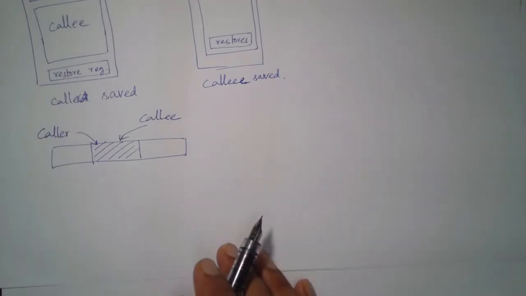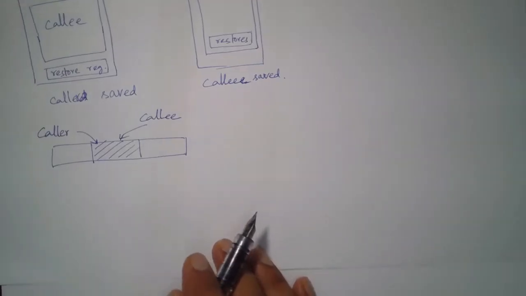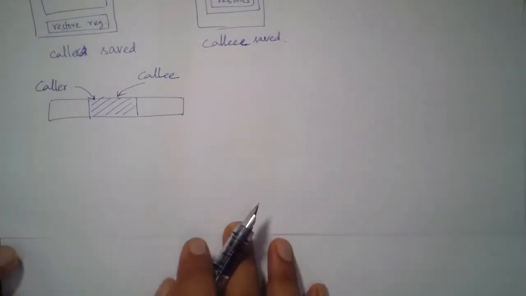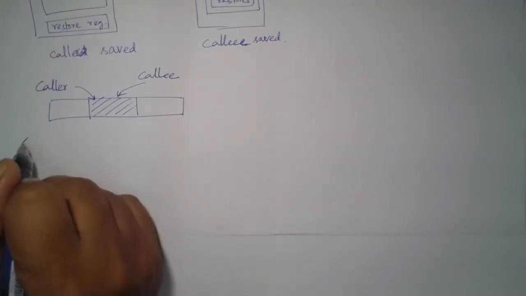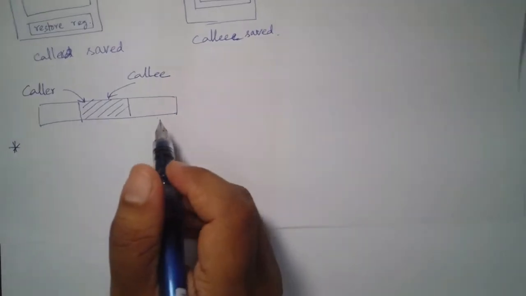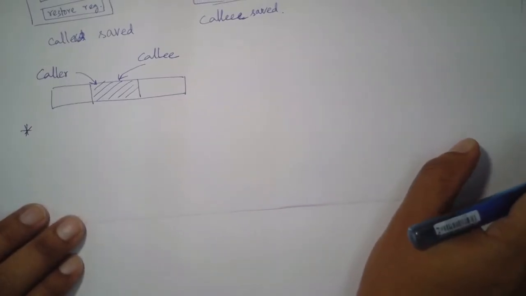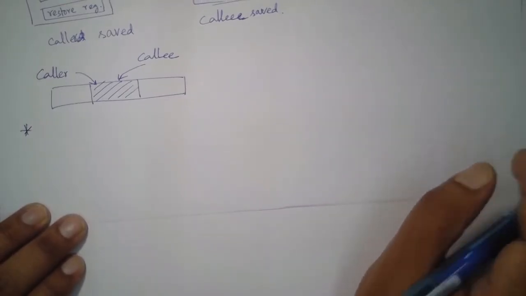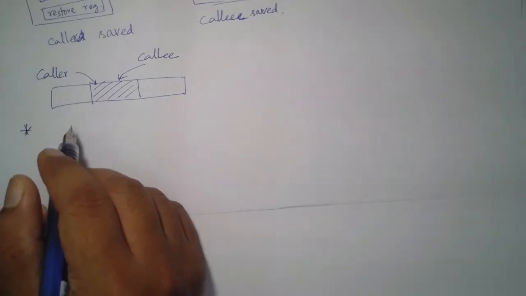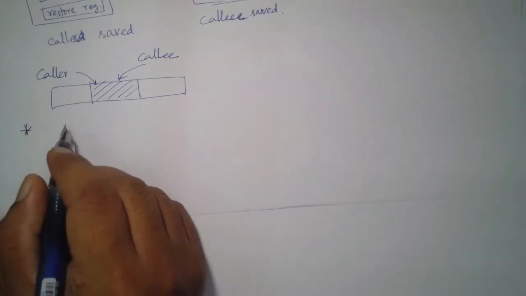So, what all things do we need to do? We need a strict agreement between the caller and callee regarding the memory usage, that is, the memory locations each function will be using.